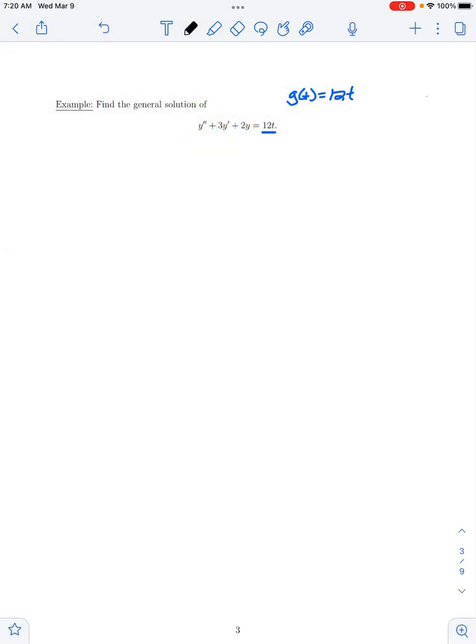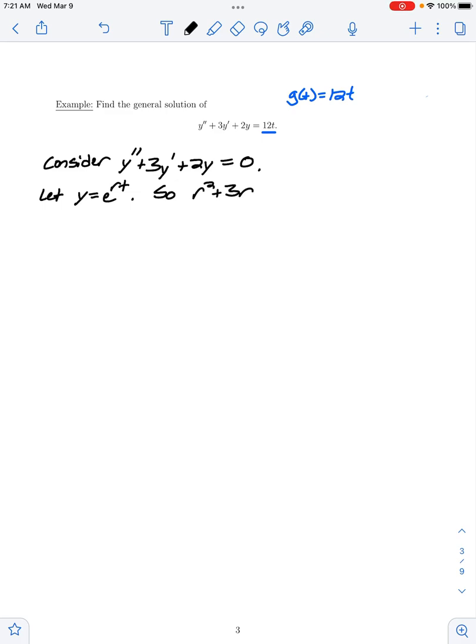So we start by considering the homogeneous equation, y double prime plus 3y prime plus 2y equals 0. To solve this type of equation, we look for solutions of the form y equals e to the rt power, which means that r would have to be a root of the characteristic equation, r squared plus 3r plus 2 equals 0.